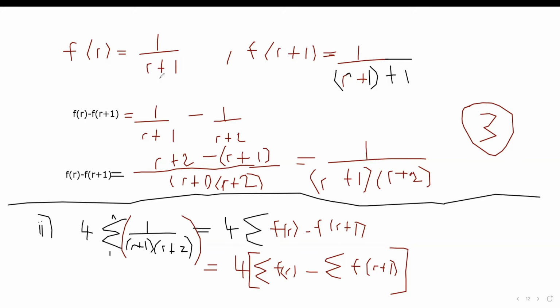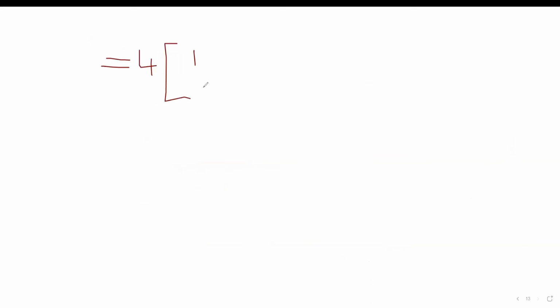When you plug in r as 1, you get 1 over 2. So now you're going to get 4 times 1 over 2. Then plus r as 2, you get 1 over 3. Plus r as 3, you get 1 over 4. And you keep plugging in values of r till we get 1 over n plus 1.